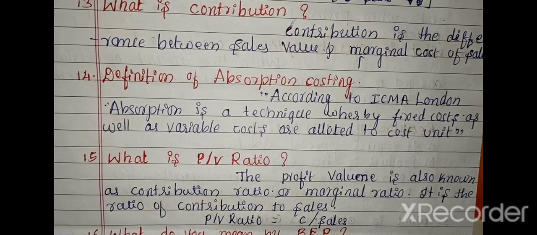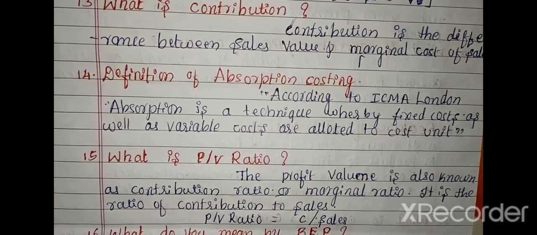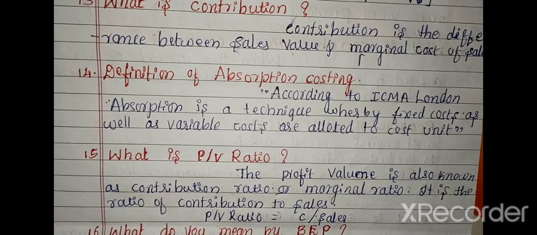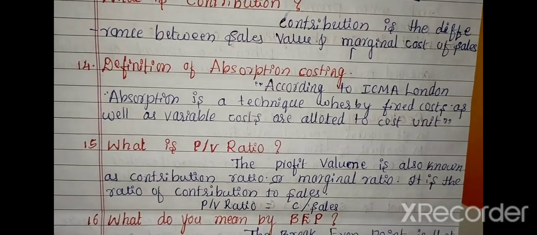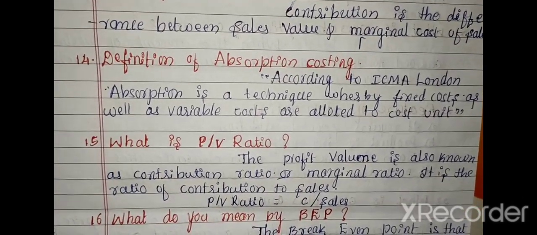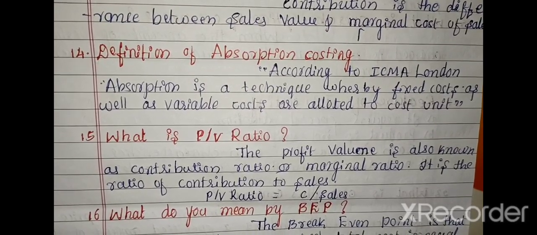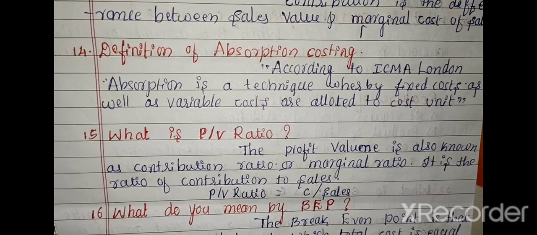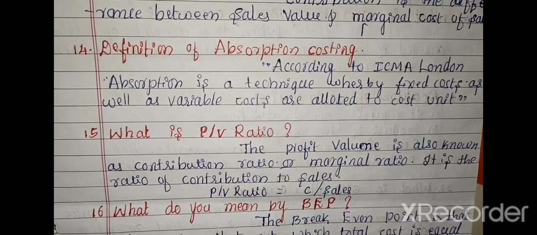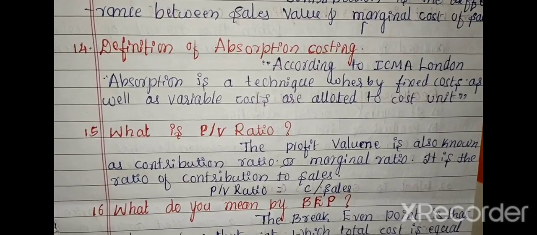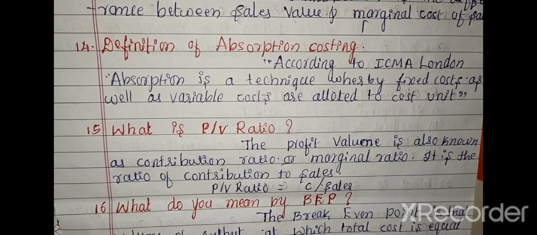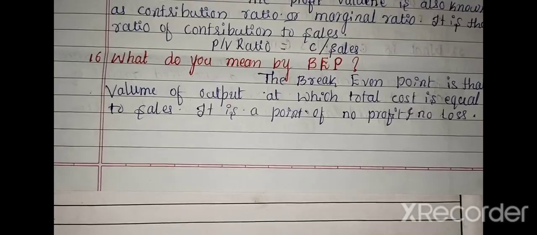The full form of PV ratio is profit volume ratio. The profit volume ratio is also known as contribution ratio or marginal ratio. It is the ratio of contribution to sales. You can see the formula here: PV ratio is equal to contribution divided by sales.